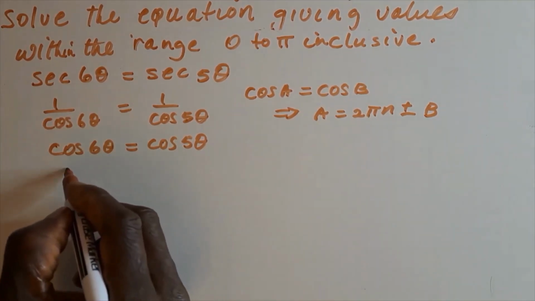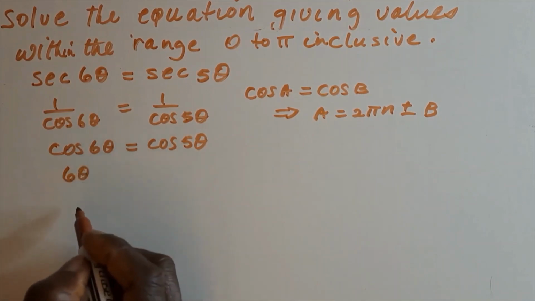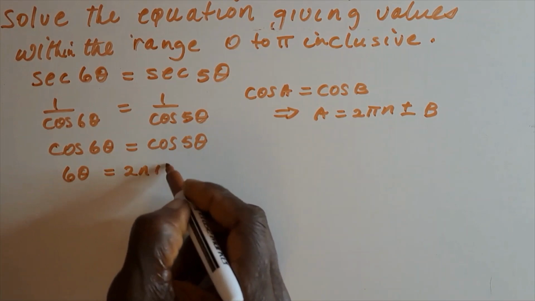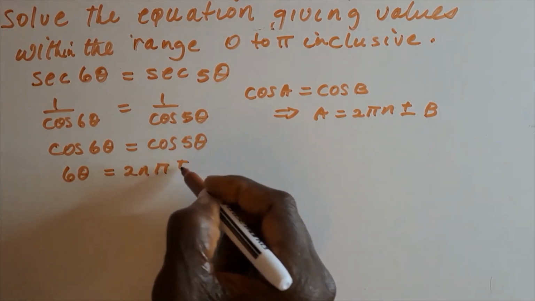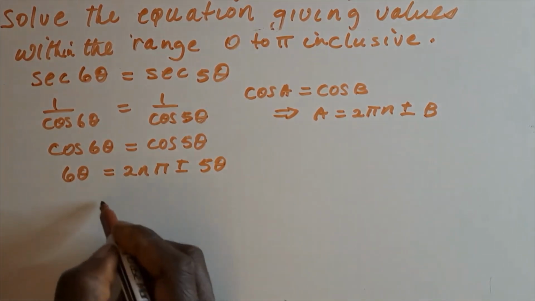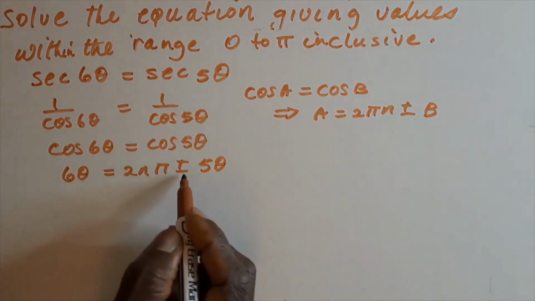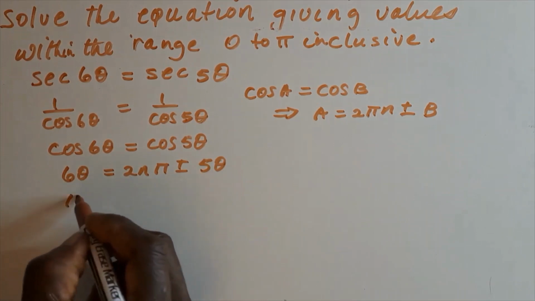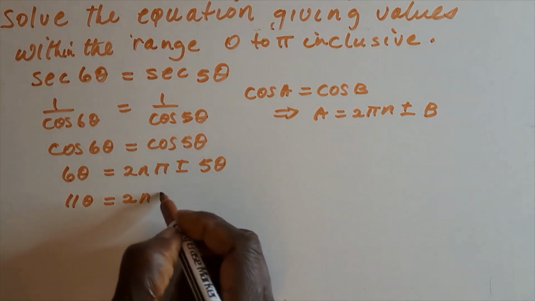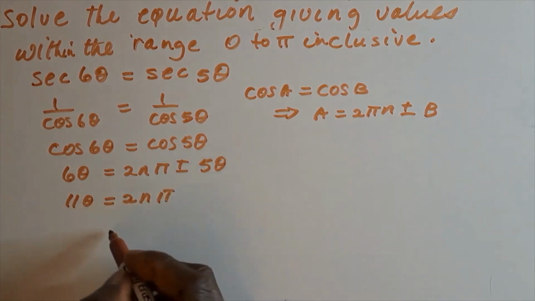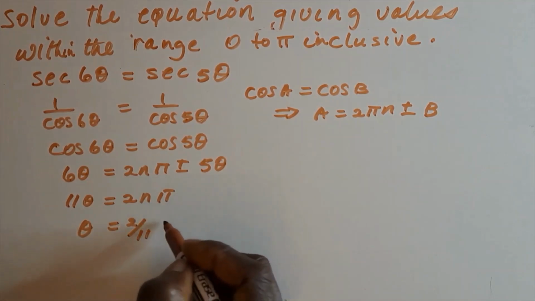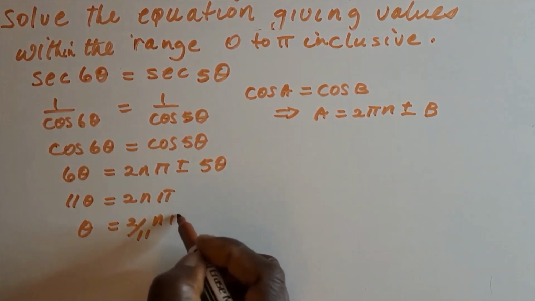We have that 6 theta, which is A, is equal to 2n pi plus or minus 5 theta. If we take the negative version, we have 11 theta is equal to 2n pi. So theta is equal to 2 11ths n pi.